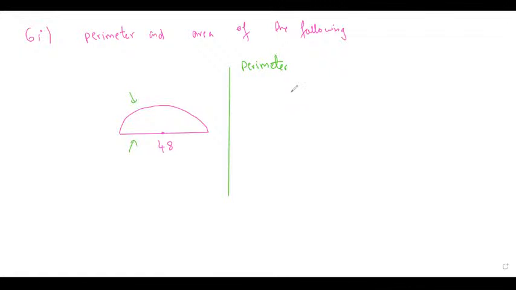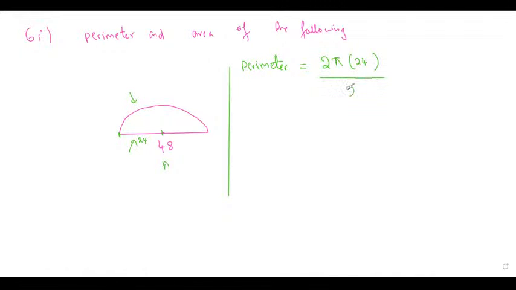So I can do it this way. Perimeter is going to be 2 pi r. R is the radius, okay? If the diameter is 48, what would be this length? This length would be the radius and it would be 24. So the radius is 24. Now 2 pi r would give me the curved side of the complete circle, but I do not have a complete circle. I have half circle.